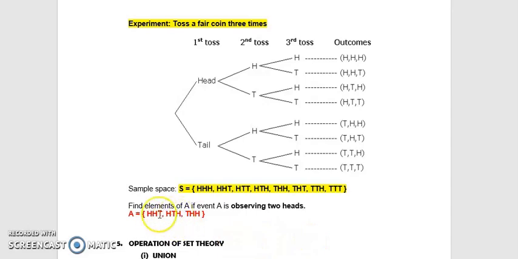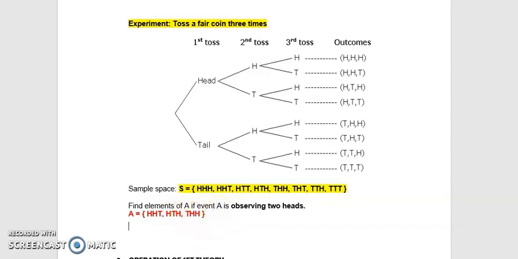But if you want to find 2 tails, from all the possible outcomes you find the outcomes with 2 tails. For example, here head, tail, tail, so tail appears twice here. The elements under A, observing 2 heads, will be head, head, tail, then head, tail, head, and the last one tail, head, head.